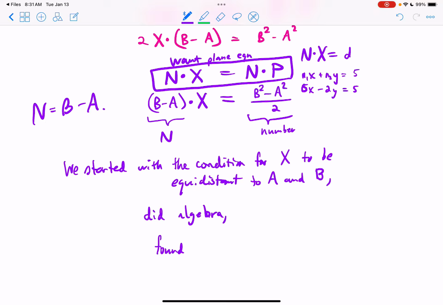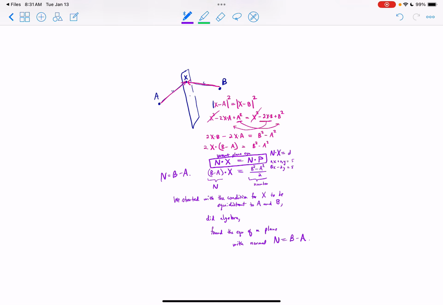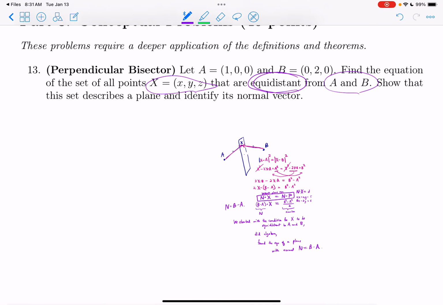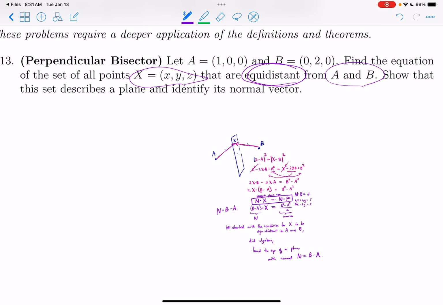Found the equation of a plane with normal vector n equals b minus a. And I think I answered their question then. Find the equation. Yep, found that. Show that this set describes a plane. Yep. Identify its normal vector. Yep. Okay.